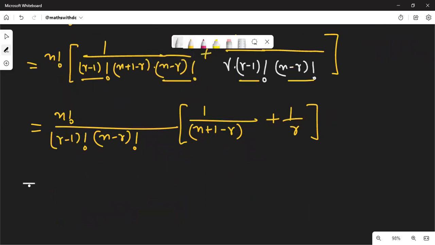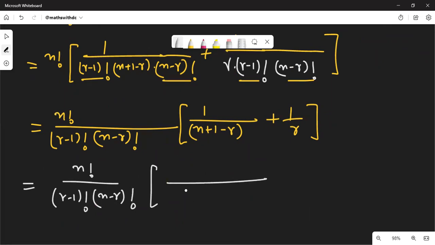And now you can say this is same as n factorial divided by (r minus 1) factorial and (n minus r) factorial, these things as they are. And inside the bracket, we want to take the LCM there, r times (n plus 1 minus r). And this will be r plus n plus 1 minus r.